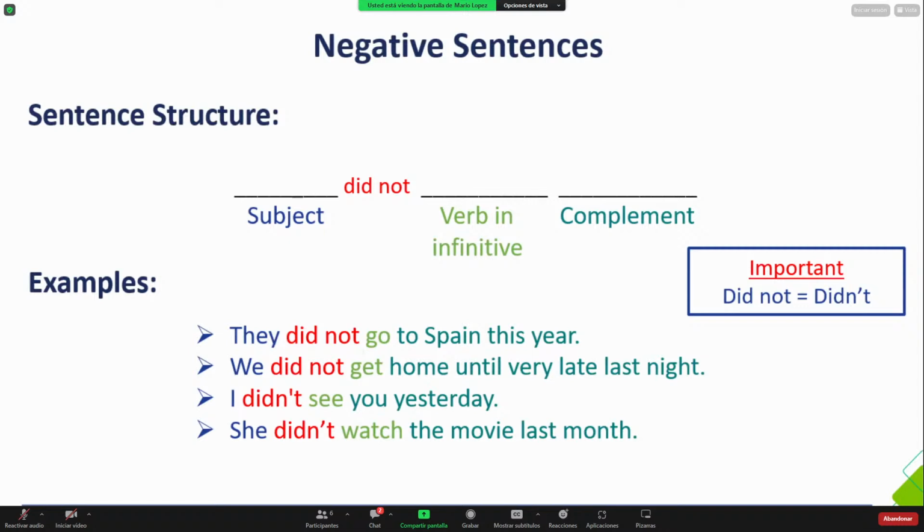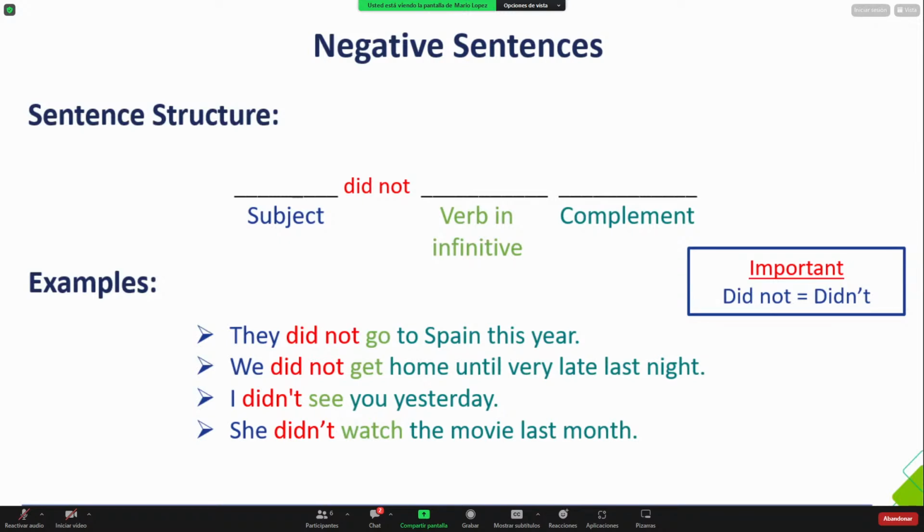Why? Because the did not is telling me that the sentence is in past. El did not me está diciendo que la oración está en pasado. Entonces ya el verbo no ocupa cumplir esa función, porque la está cumpliendo el did not.